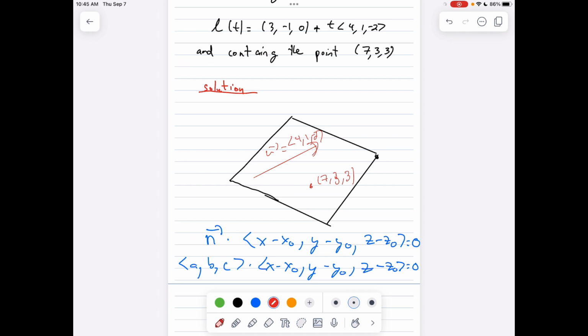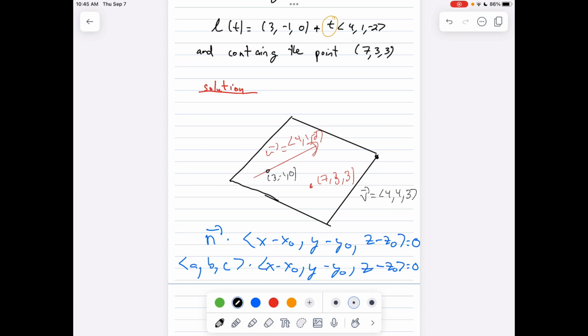How do I get another point? You can certainly plug in a value for t in your equation. If you plug in t equals 0, you get the point (3, -1, 0), and that's on the line and the plane. I can form a vector, we'll call it v. V is equal to (7 minus 3, 3 minus -1, 3 minus 0), which is (4, 4, 3).